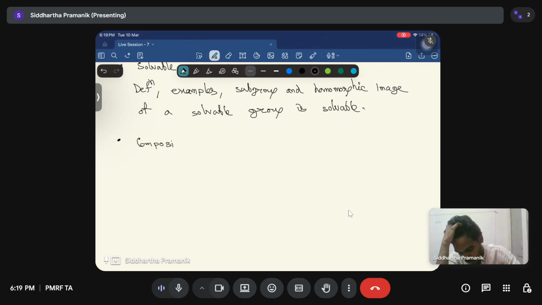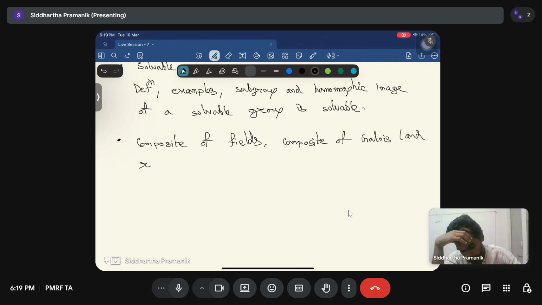We have seen several theorems related to this: the composite of Galois extensions and radical extensions. What happens to those things? The composite of Galois extensions is Galois, and the composite of radical extensions is also radical.